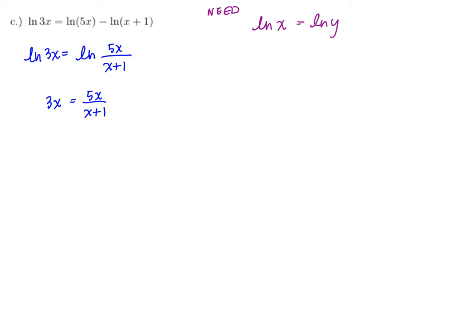Now we have to solve this, so maybe think of this as 3x over 1 and cross multiply, or perhaps you just multiply both sides by x plus 1. 3x times x plus 1 equals 5x, so 3x squared plus 3x equals 5x, and we need to solve for x, so let's subtract 5x: 3x squared minus 2x equals 0.